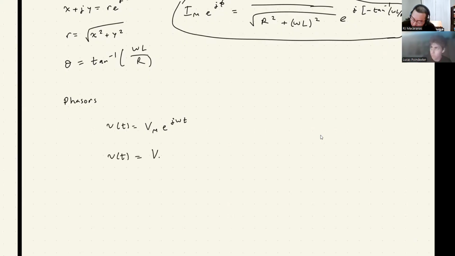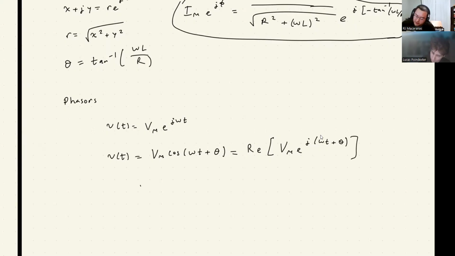Technically, in a physical system, we'll actually be driving it with some kind of sinusoidal function, but we can take that sinusoidal function to be the real part of our exponentially driven complex exponential forcing function, which I've written here.